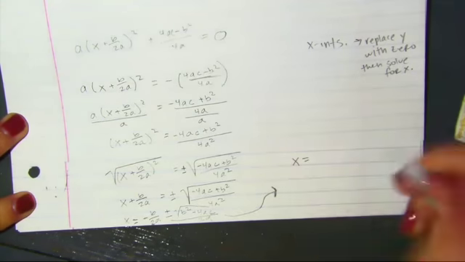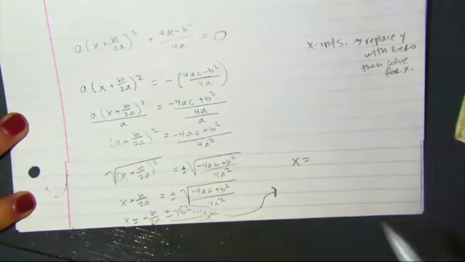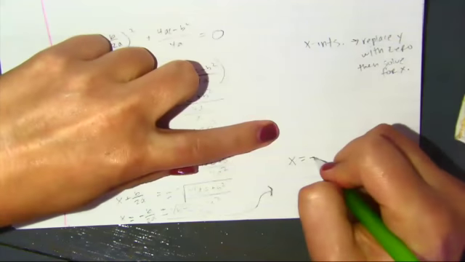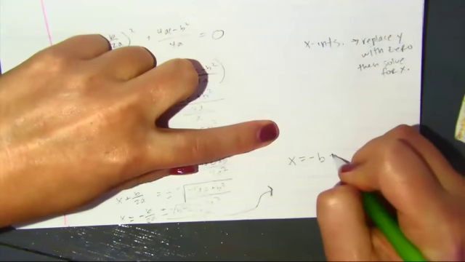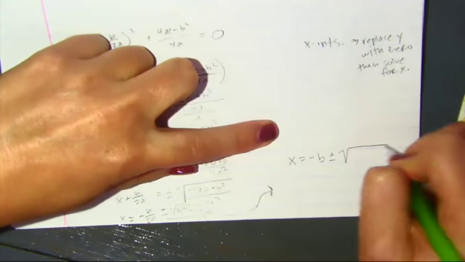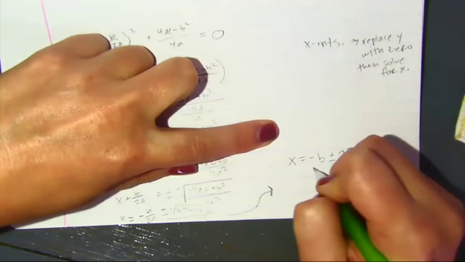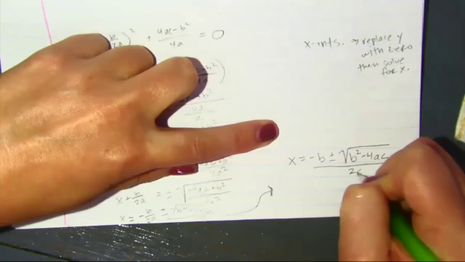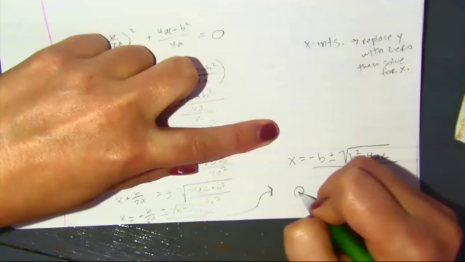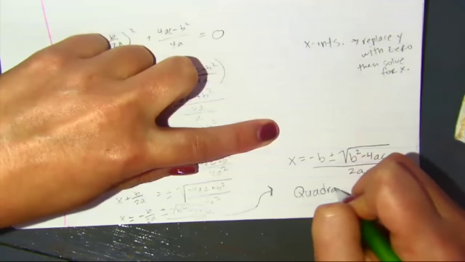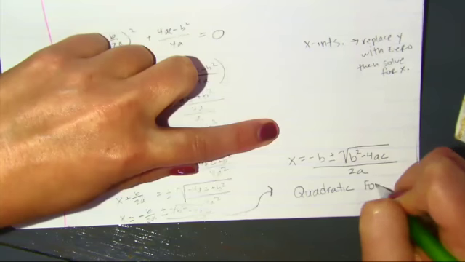This, I'm going to do one more thing combining these two denominators. This is what you're going to see more often. Negative b plus or minus the square root of b squared minus 4ac all over 2a. This is called the quadratic formula.